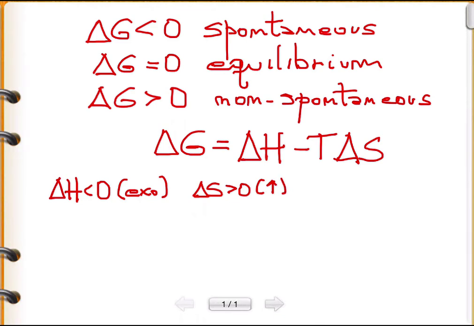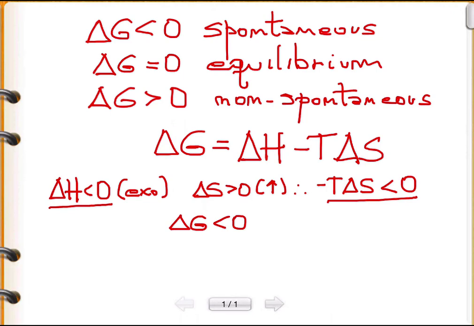So, in that case, this term, minus T delta S, is going to be smaller than 0. Agree? So, if this term here is smaller than 0, and this term here is smaller than 0, then delta G has to be smaller than 0. Therefore, this is going to be a spontaneous reaction.